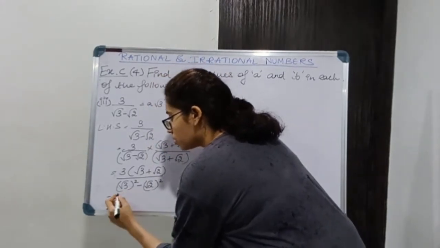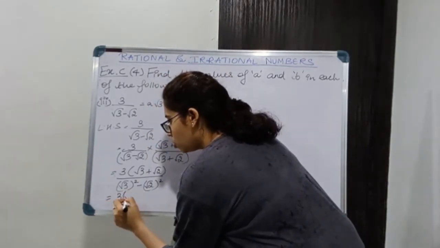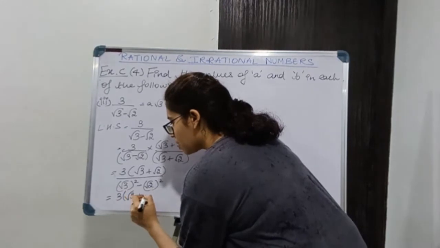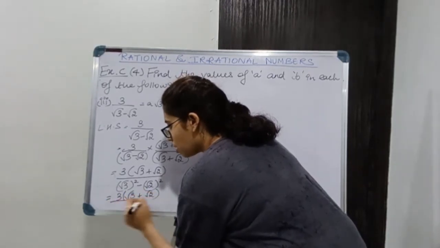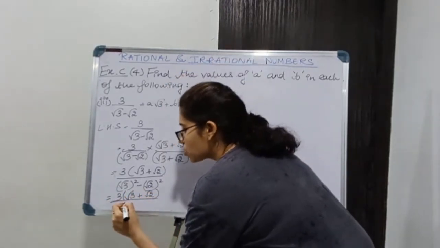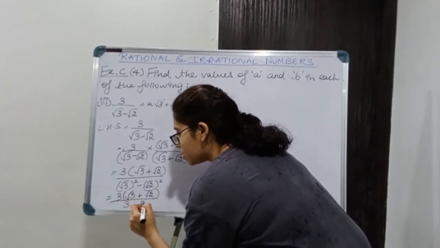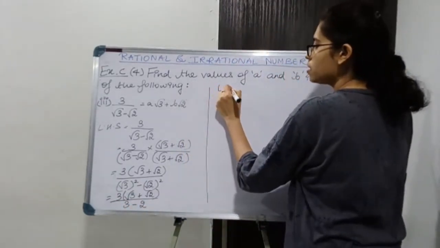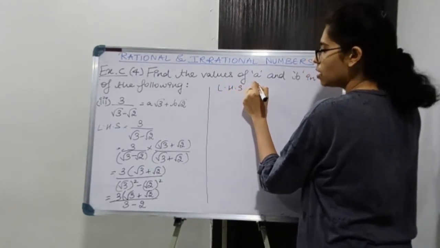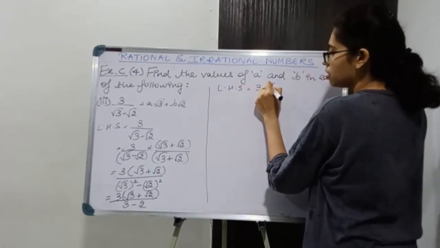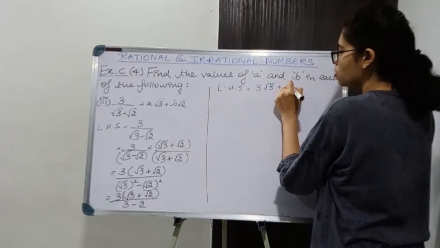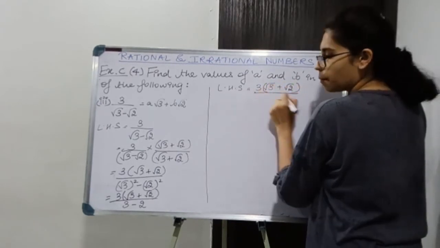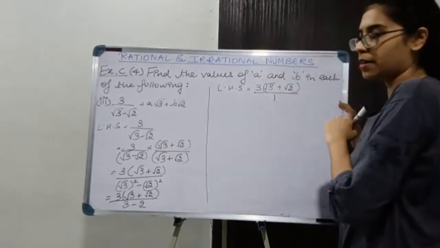Now 3 into root 3 plus root 2 upon root 3 square is 3 and root 2 square is 2. So LHS is equal to 3 into root 3 plus root 2 upon 1.